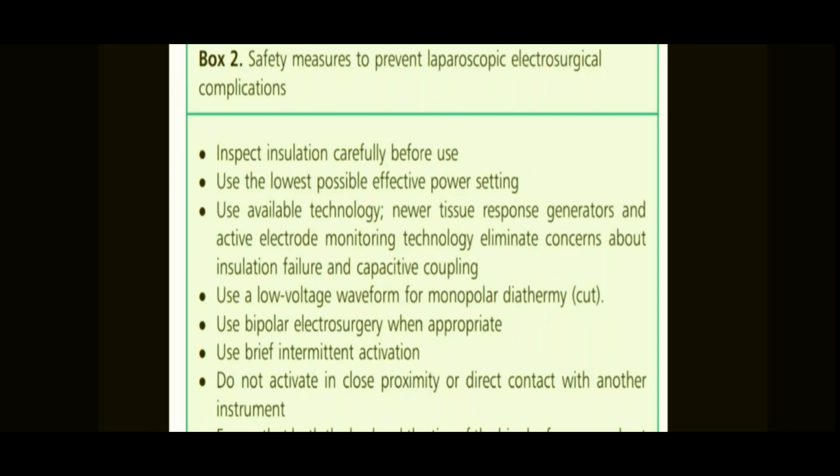So what are the safety measures to prevent laparoscopic electrosurgical complications? Inspect the insulation of your diathermy instruments before use. Use the lowest possible effective power setting. Use the available technology: tissue response generators and active electrode monitoring technology eliminate the concerns about insulation failure and capacitive coupling. Use low voltage waveforms for monopolar diathermy.